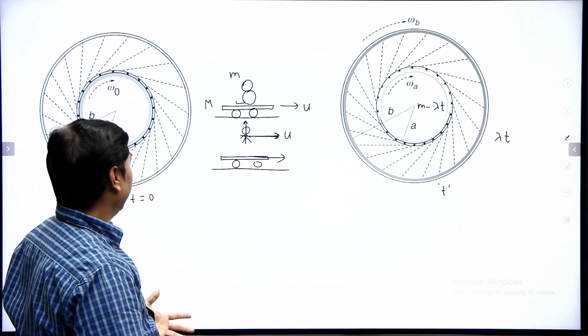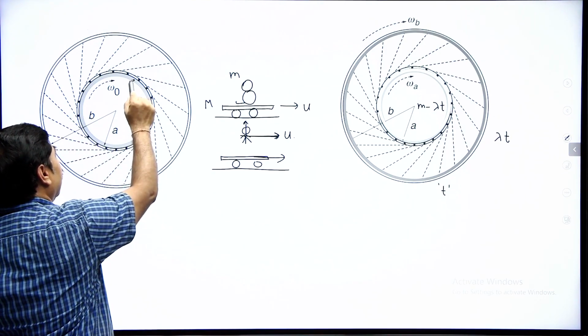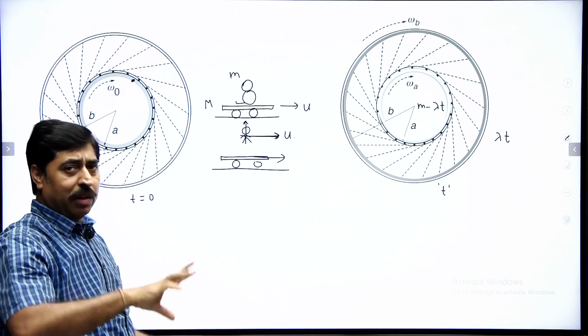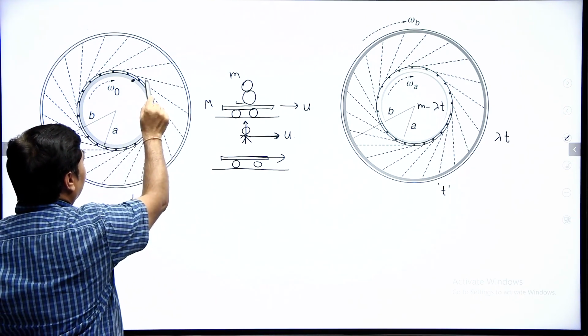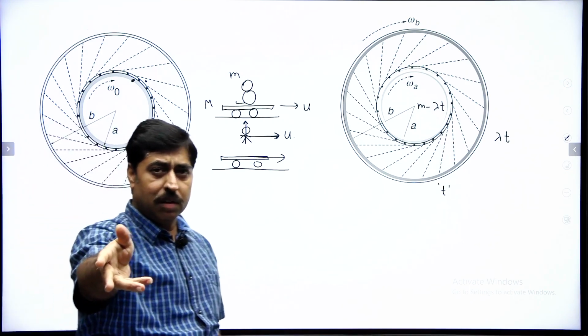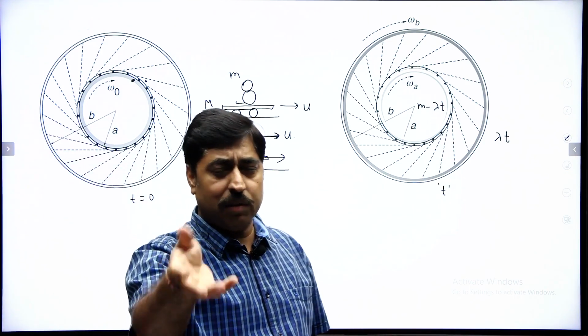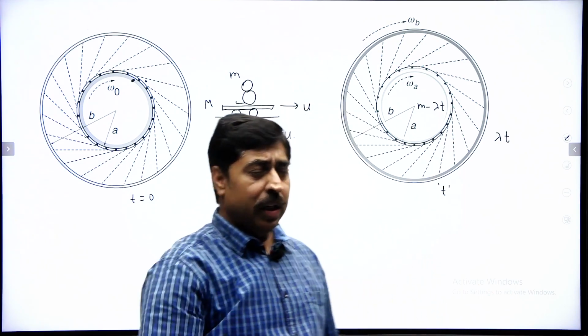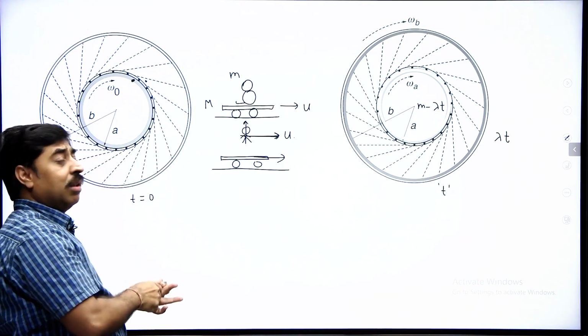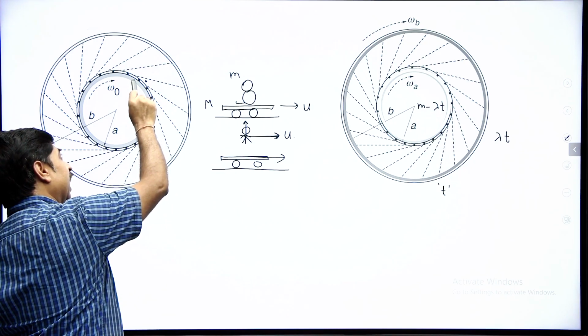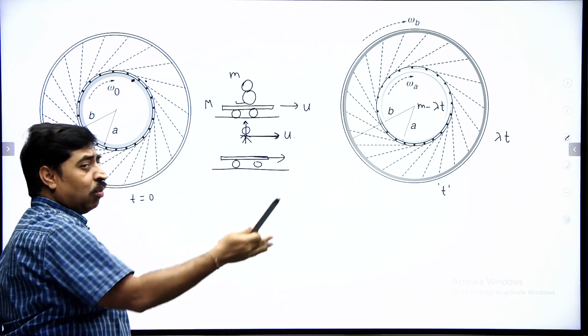A similar thing happens here. This particular sand particle is already having some angular speed or some speed, and when it just comes out, its speed has not changed. So, its angular speed has not changed. So, actually its angular momentum about this axis has not changed. The sand particle was just sticking to the drum and now it is just out of the drum.